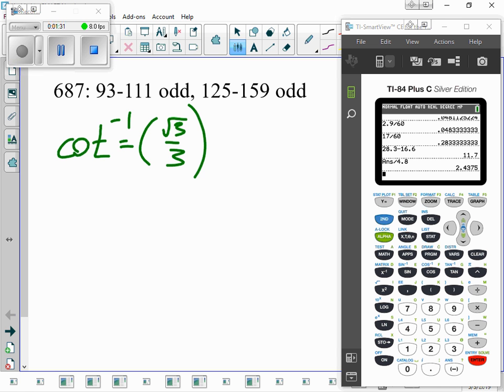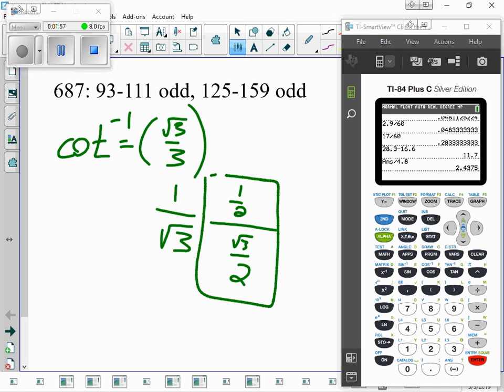Now, what's another way to write root 3 over 3? It would be 1 over root 3. Okay? Now, that comes from 1/2 divided by root 3 over 2.